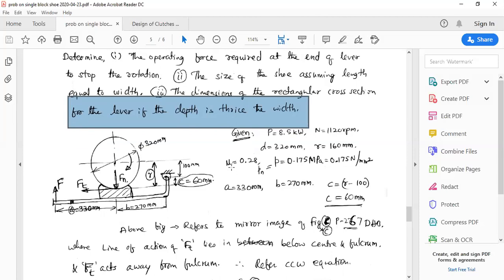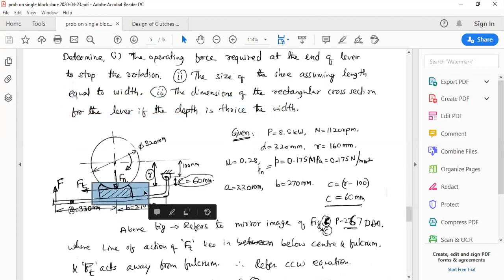Then we calculated the tangential force, torque required, and then the operating force F. In this particular problem, you have to design the shoe, that is the block, as well as the lever which is used here.